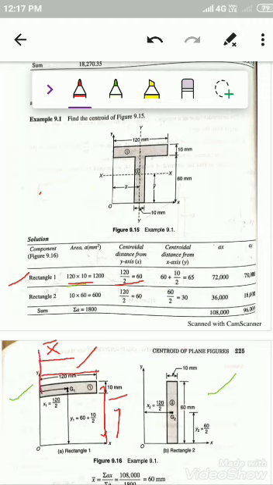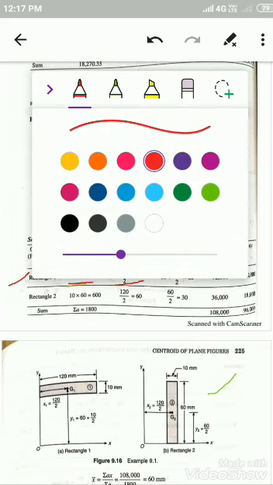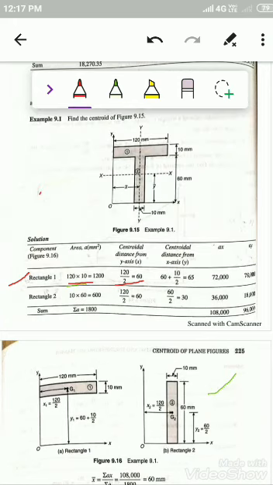And the centroidal distance from the x-axis. For a rectangle, y bar is equal to d by 2. Here d is 10, so 10 divided by 2. But we want it with respect to the x-axis.